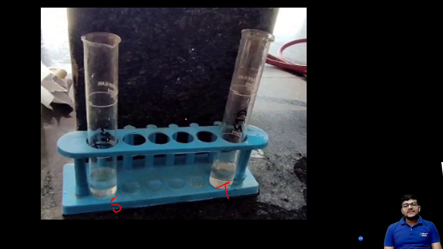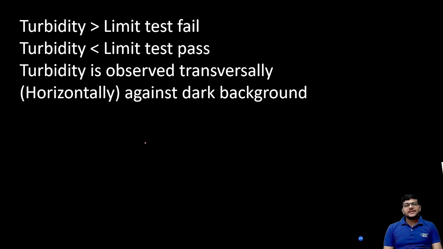At the end there is a formation of turbidity. So how can we say that this limit test fails and this limit test passes? We are testing the turbidity. Suppose this is our test sample and this is our standard solution.